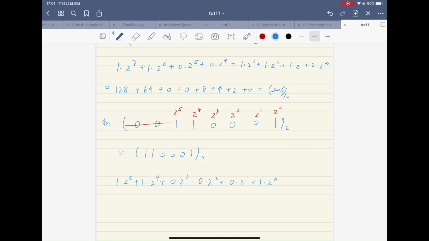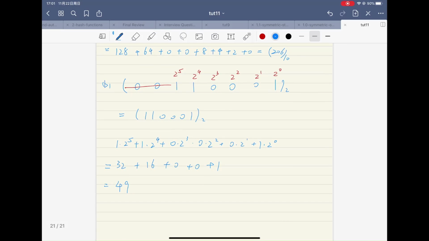Yeah, we got it. 2 to the power of 5 is 32, so 32 plus 16 plus 0 plus 0 plus 1, and it's 49. Yeah, because you can skip the leading zeros. That will simplify your computation.